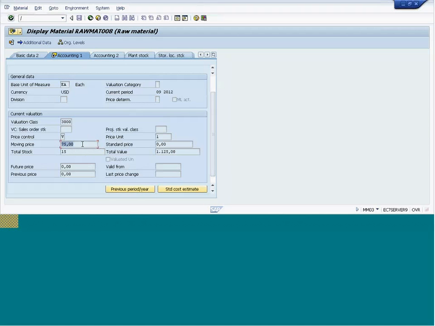There is no change. Then it will value at $75. One question I have. Okay, now that's a good point you mentioned. So this material, 008, now has a moving average price of $75. Now I want to procure another 10 quantity. If I go and create a purchase order, the price is going to be 75. The system is going to pull from here.